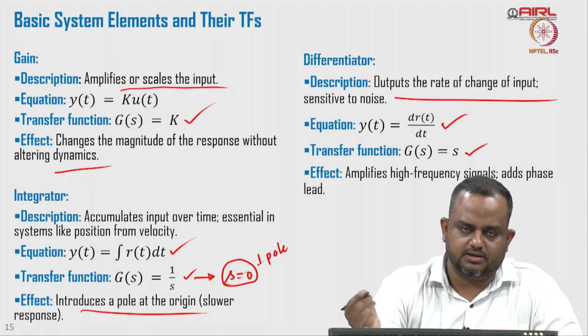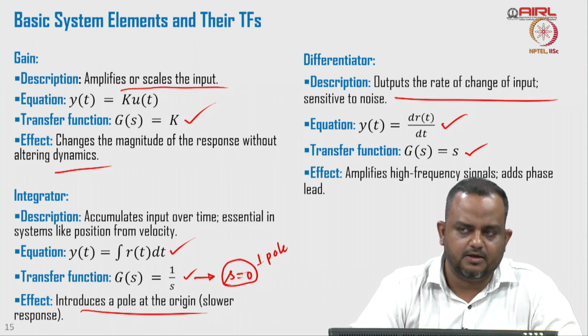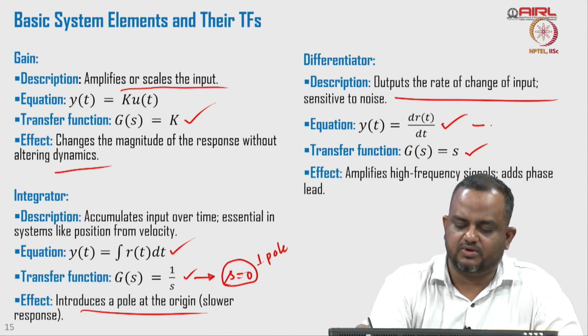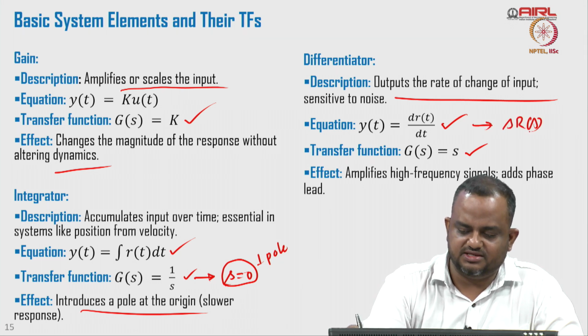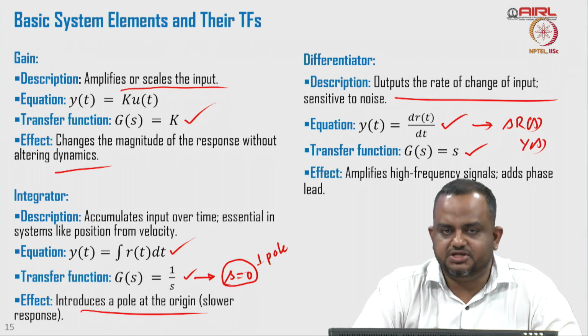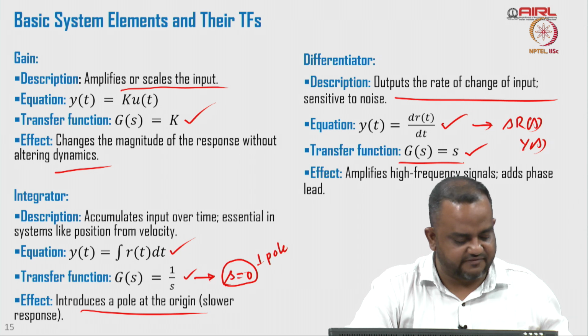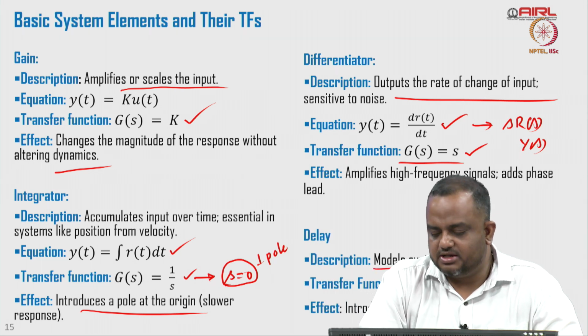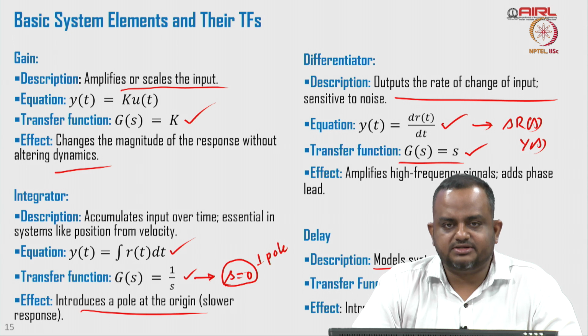You can remember from the transfer function blocks, or when we have done Laplace transform, we have taken dr(t)/dt, what it will become? It will become sR(s) and y(t) is Y(s). So, from that you can understand why it is becoming G(s) equal to s. Please verify.